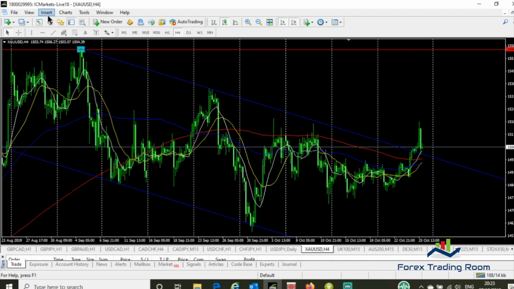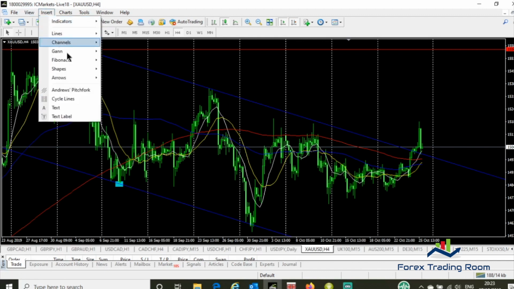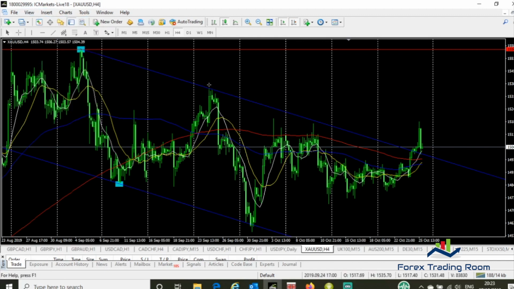There's our high, and if we put in a few key points, there's our lower low, because obviously this low is lower than that high, and we'll put one more in just to show you, and this is a lower high because this high is lower than this high, so it's a lower high, lower low, lower high, etc. We can also identify the direction simply by putting some lines in as a good indicator of how the market is panning out.